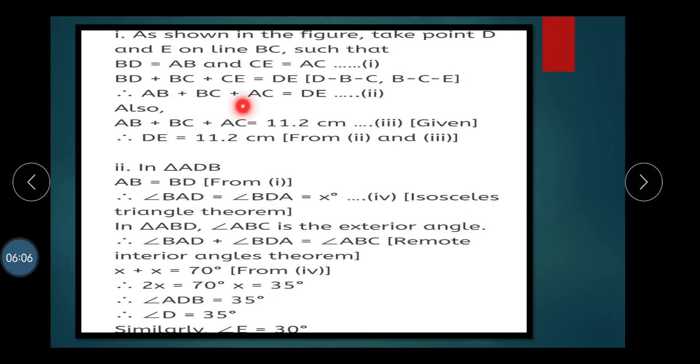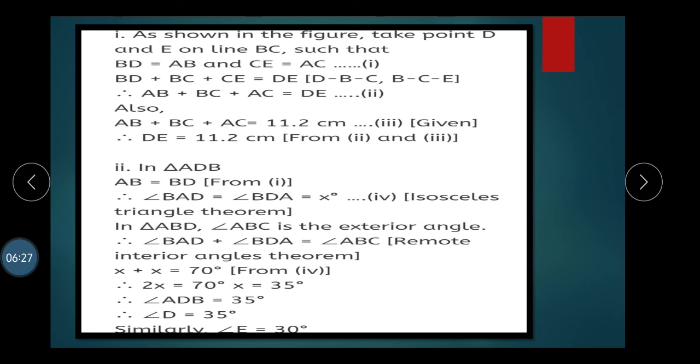AB plus BC plus AC is equal to DE. Let's give that equation 2. Also, AB plus BC plus AC is equal to 11.2 centimeter, equation 3, and this is given in the question. So, ultimately, DE will become 11.2 centimeter, that is from 2 and 3.